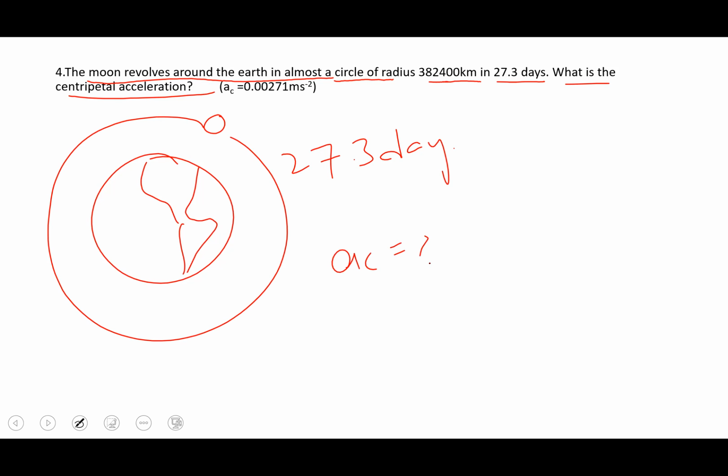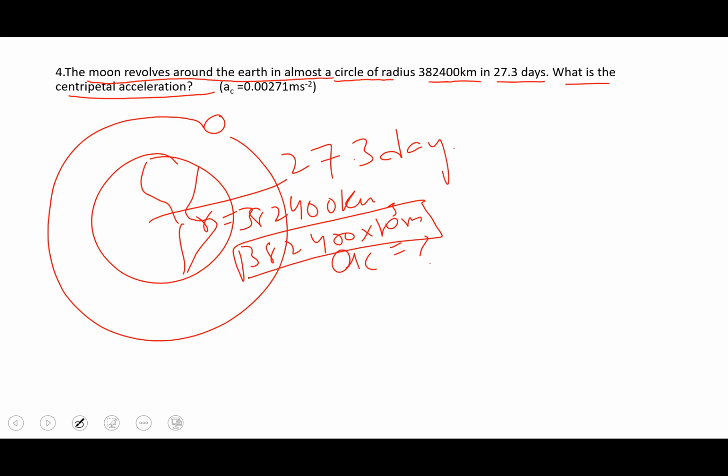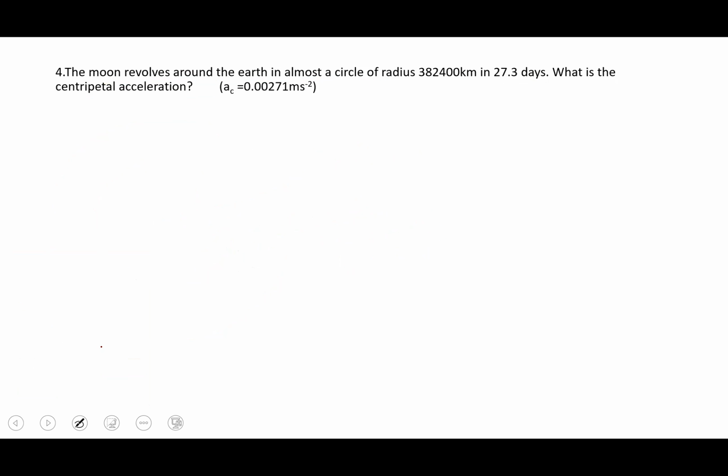The radius of this circle from here to here is given by r, which is 382,400 kilometers, or 382,400 times 10 to the power 3 meters, in scientific notation and SI units.